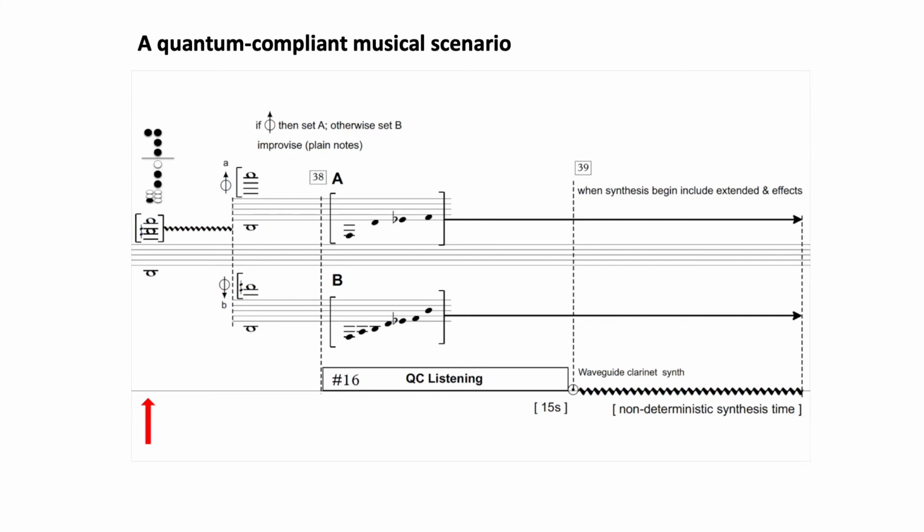Note that the selection of the set, A or B, depends on the result of the multiphonics. Then, as in the previous example, the system listens to this improvisation and produces a response and so on. In this case, it uses the waveguide synthesizer, which simulates a sliding flute. Let's listen to this.